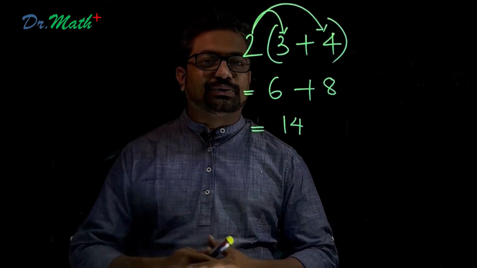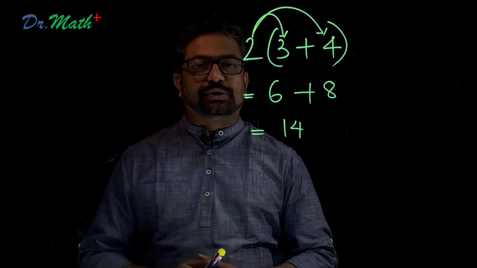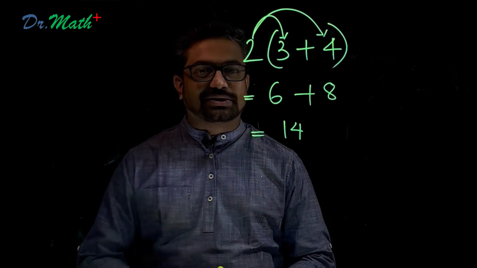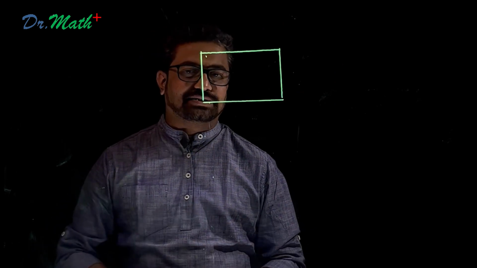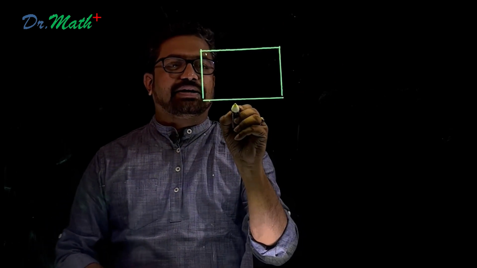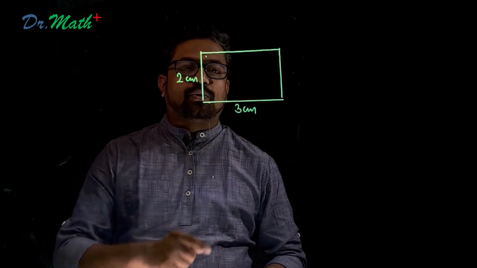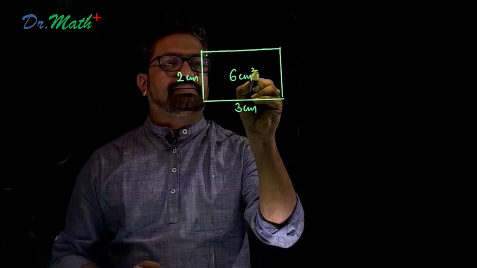We all know how to do sums using the distributive property, but do you know how or why this works? Before that, let's try to understand the meaning of multiplication. For example, if I have a 3 centimeter by 2 centimeter rectangle, what is 3 into 2? 3 into 2 is 6 centimeter square.